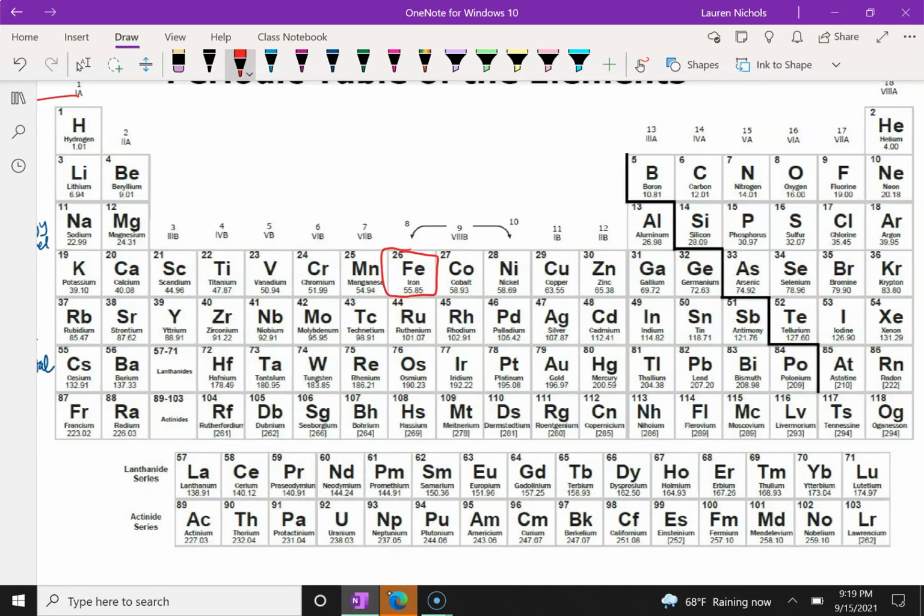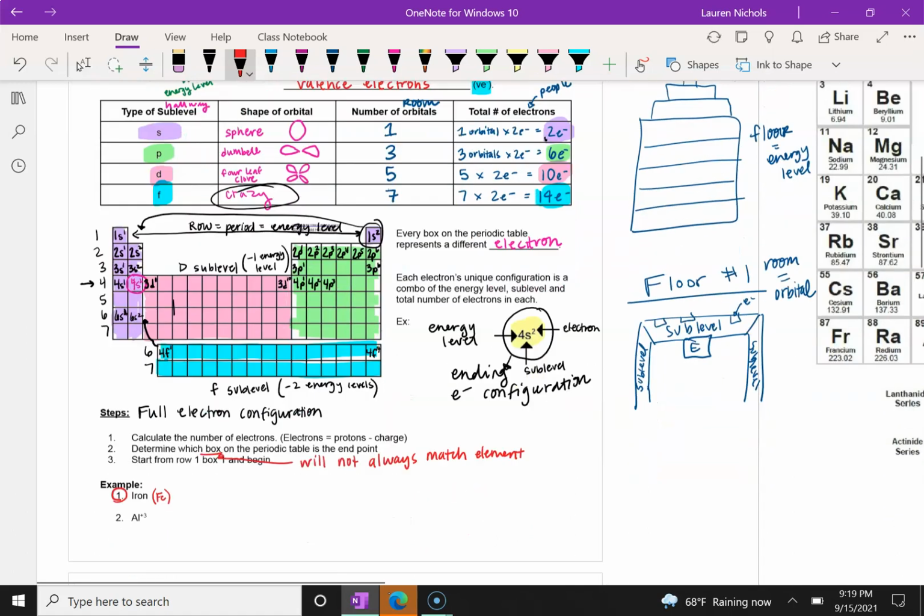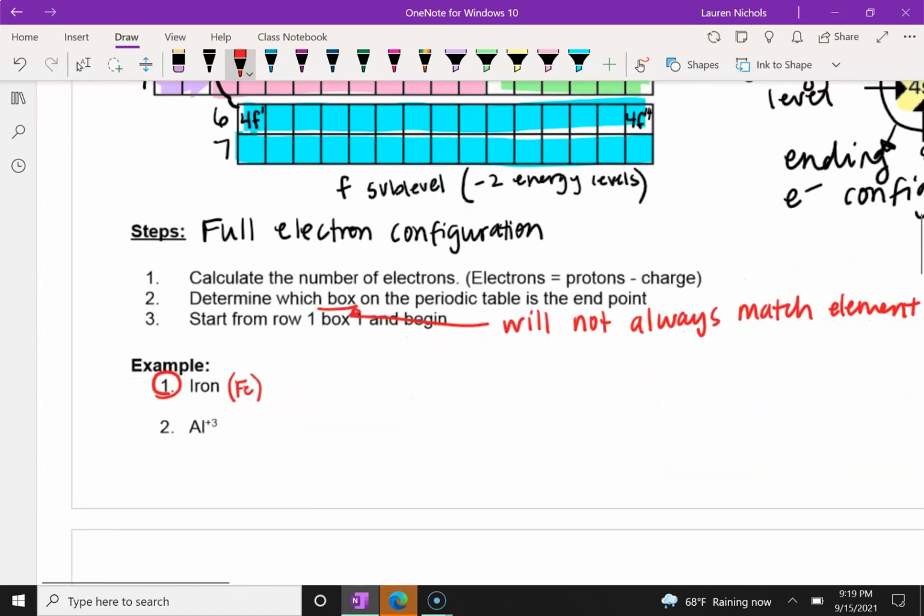So our first step, if I'm trying to figure out the electron configuration of iron, is to figure out how many electrons we have. So remember, your electrons are your protons minus the charge, okay? So that's what it says here in your notes. Electrons are equal to the protons minus the charge. So here, when we look at iron, they don't tell us anything about the charge, so we assume the charge is 0.